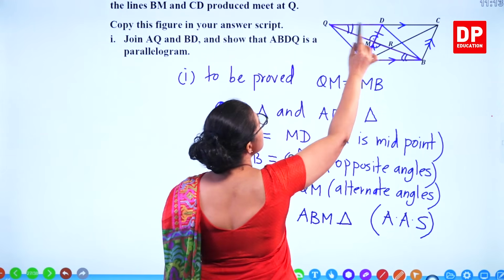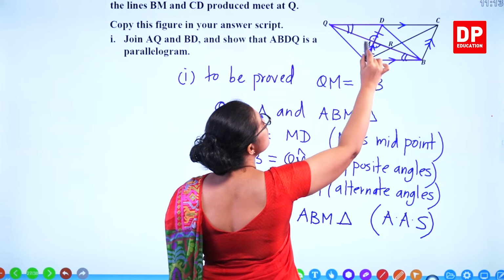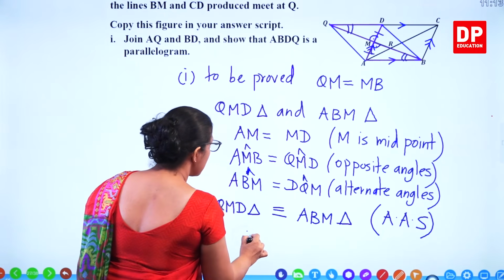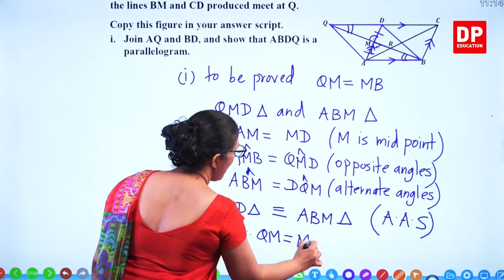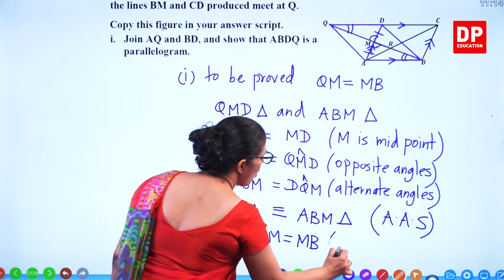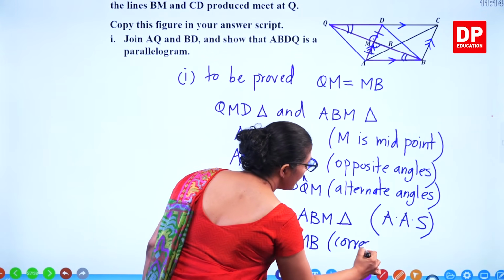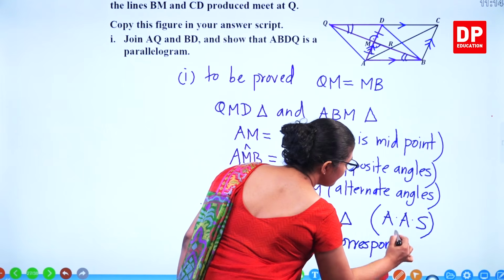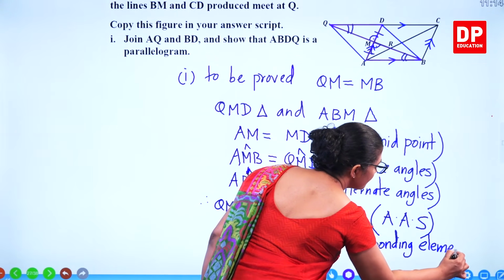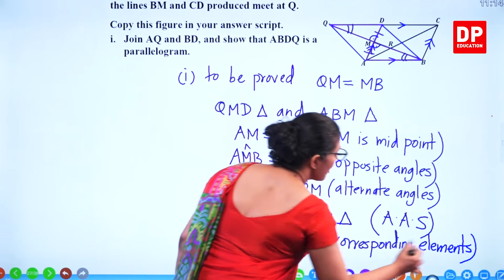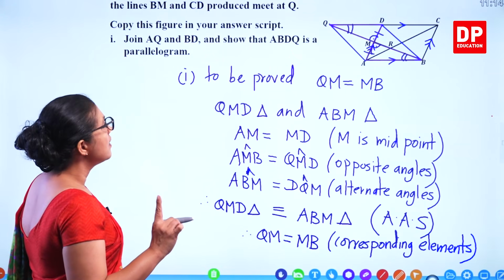So opposite to this angle is this, opposite to this one is this. So we can say therefore QM is equal to MB, corresponding elements. So corresponding elements are equal.